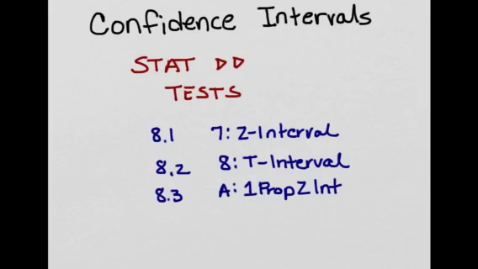So how do we decide which of these three interval functions to use? I'll take you through a little flow chart that helps you to determine what to use. The first thing that you'll ask yourself is, is this problem asking for a confidence interval for a mean or a proportion?